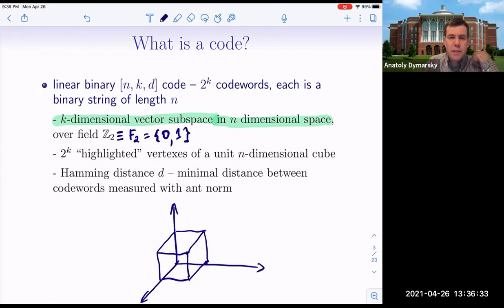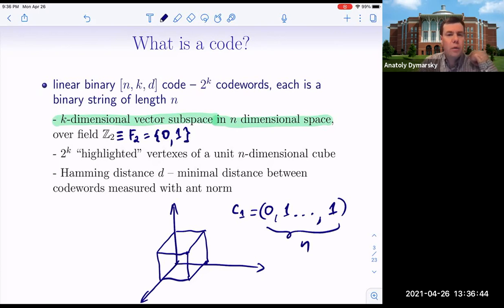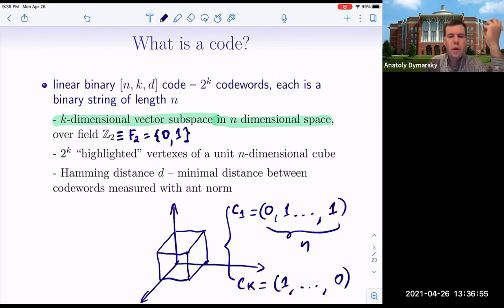A linear code is basically a collection of code words. A code word is a binary string of zeros and ones. So you have n elements and each element is 0 or 1. This binary string is a code word. You have k strings, which are, if you wish, your basis in the linear space.